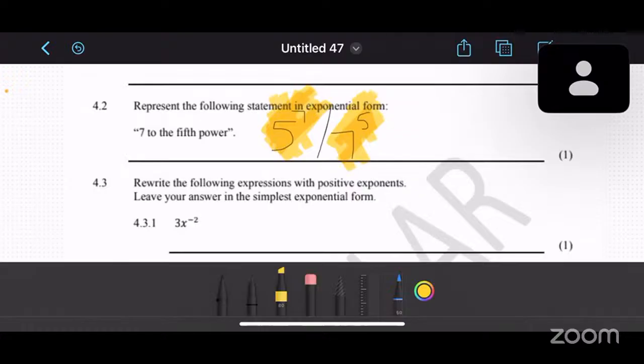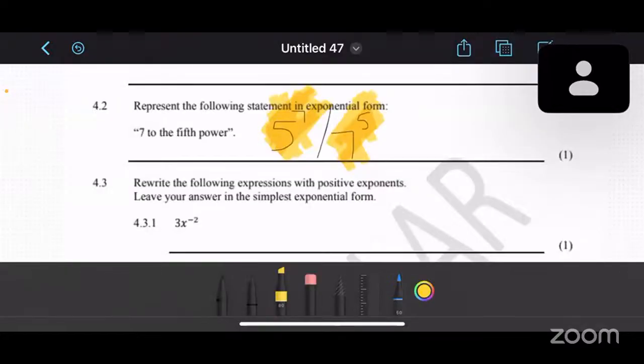Ma'am, you times the exponent negative 2 by negative 1. We times the exponent by negative 1. And then what are we going to have? So what is it going to be? 2.